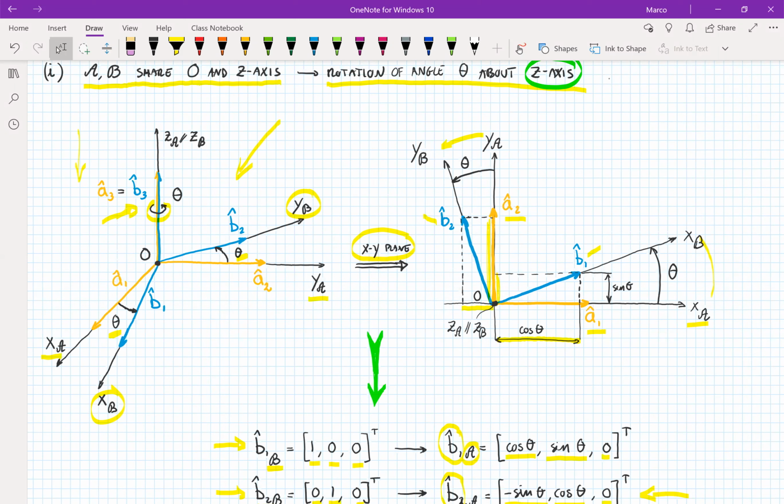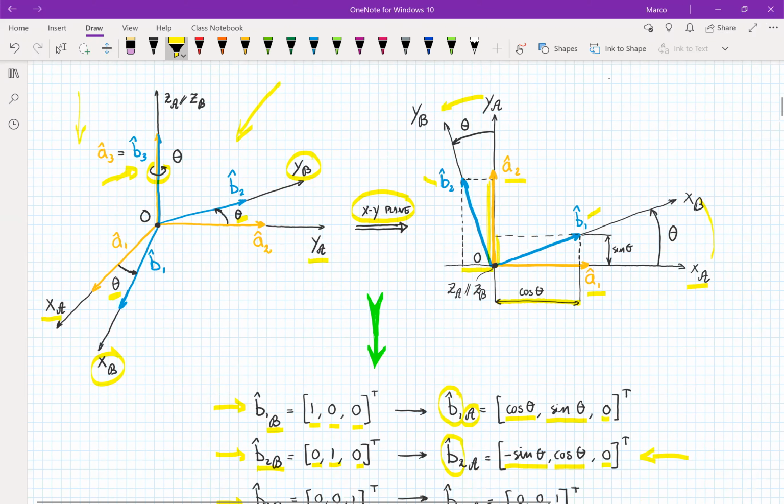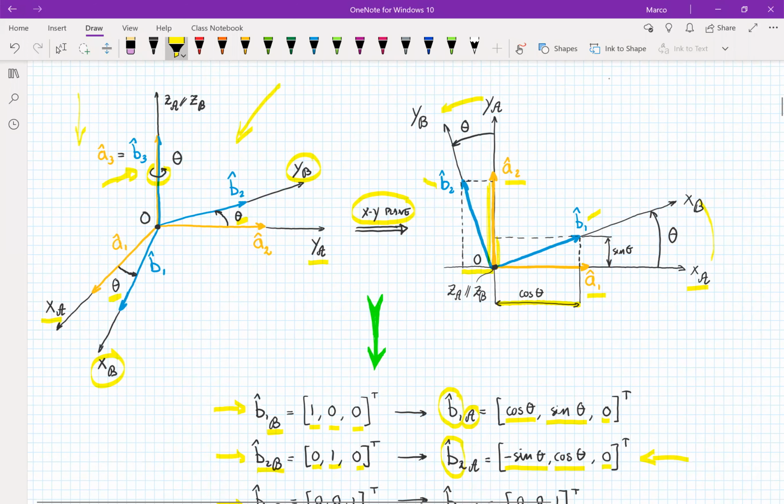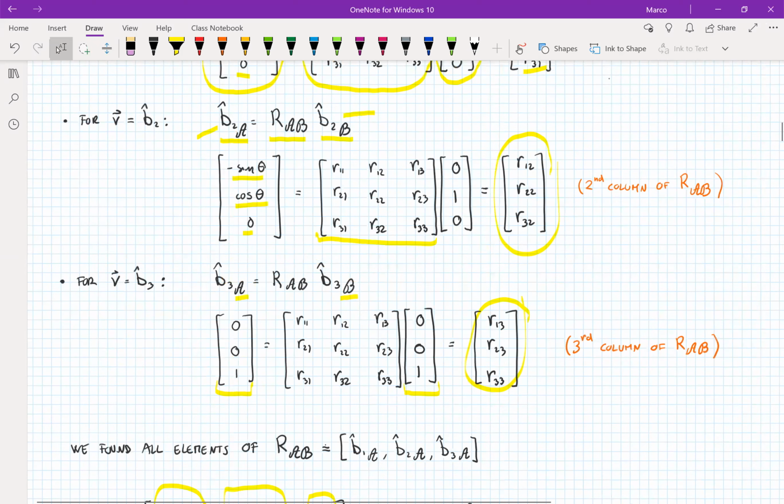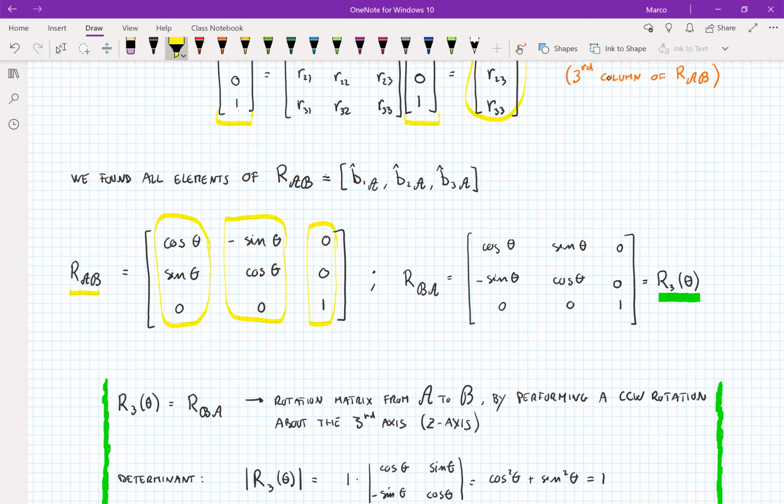We think that we are starting from reference frame A, and by applying this rotation about the z-axis, we get to reference frame B. So what we're really looking for is the rotation matrix from A to B. So given our notation, that would be RBA, because this rotation matrix, reading it from right to left, tells us that we're going from reference frame A to reference frame B, and this is what we want.